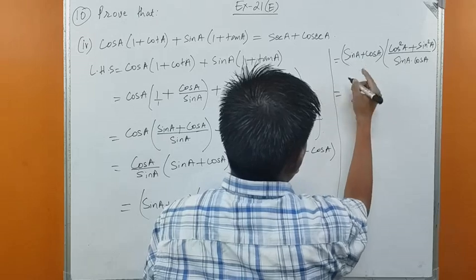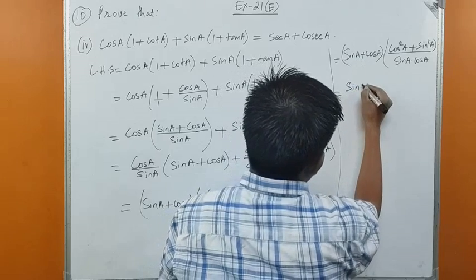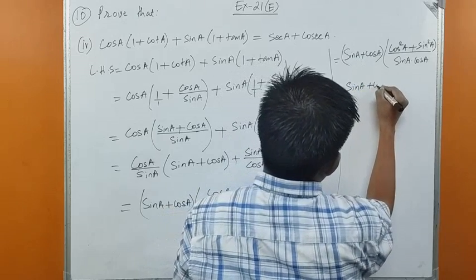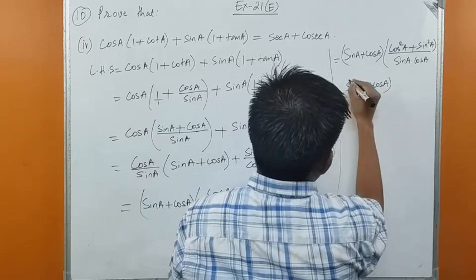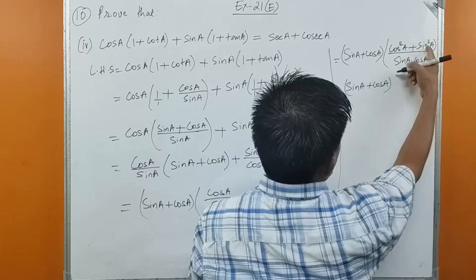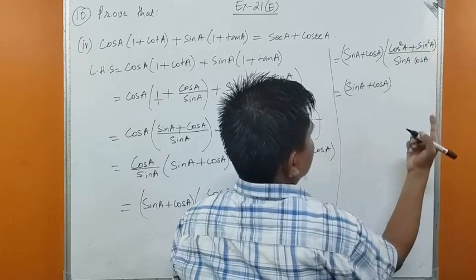This means sin A plus cos A I write here. So cos square A plus sin square A means sin square A plus cos square A, same thing, isn't it?